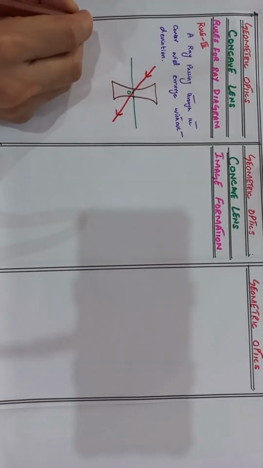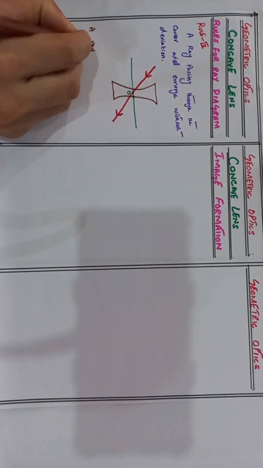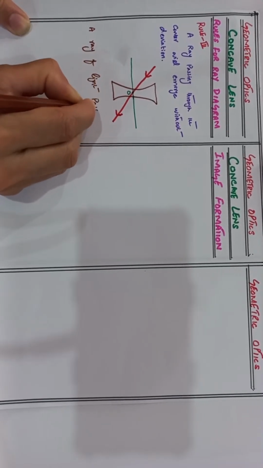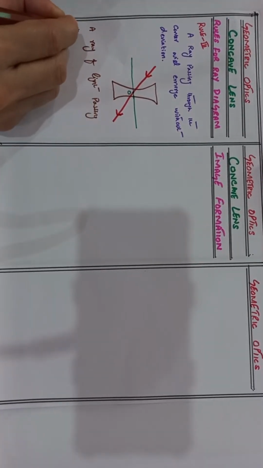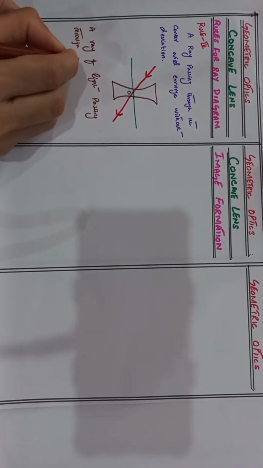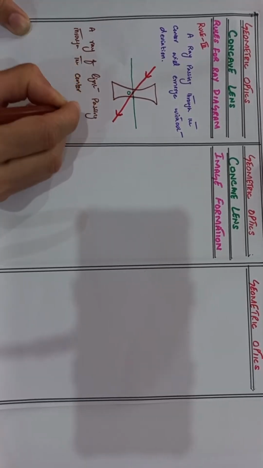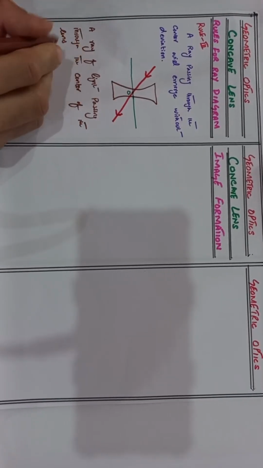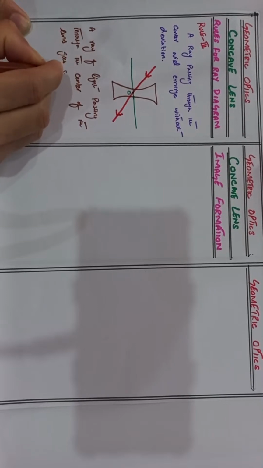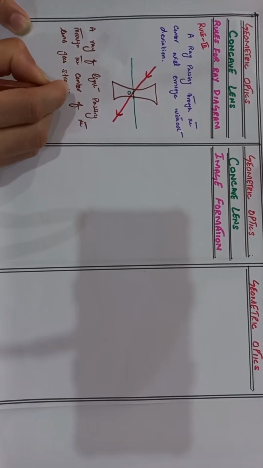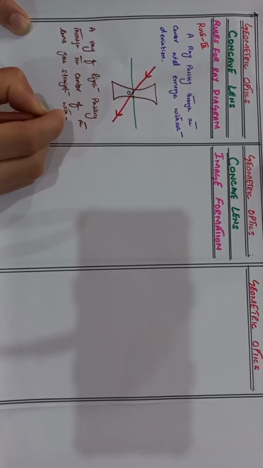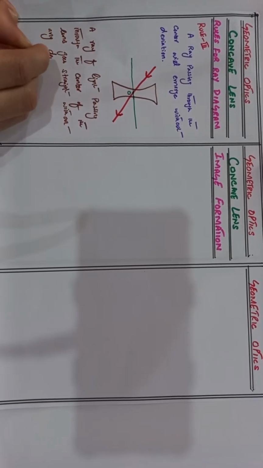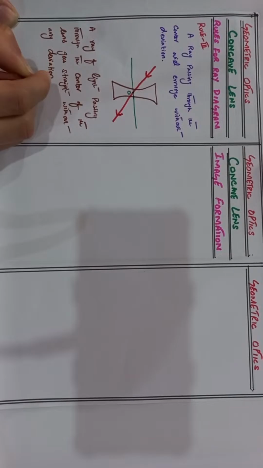So here we write that a ray of light passing through the center of the lens goes straight without any deviation.